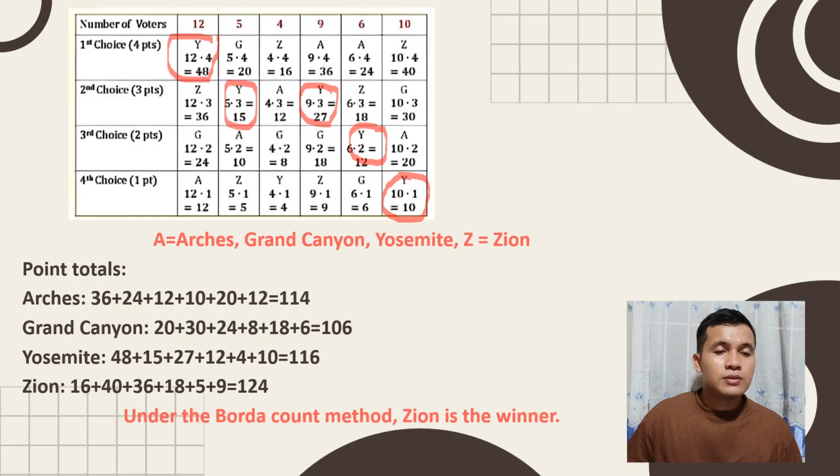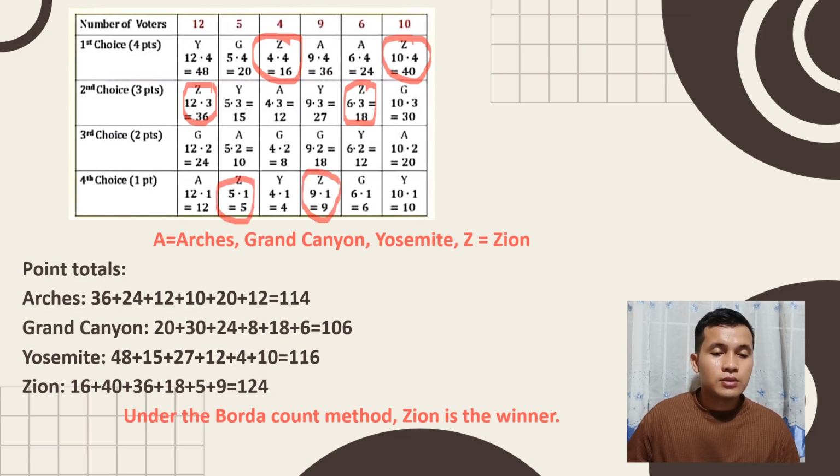And for the last one, we have the Zion. In the first choice, we have 2 Zion, in the second row we also have 2, for the third row none, and for the last row we have 2.